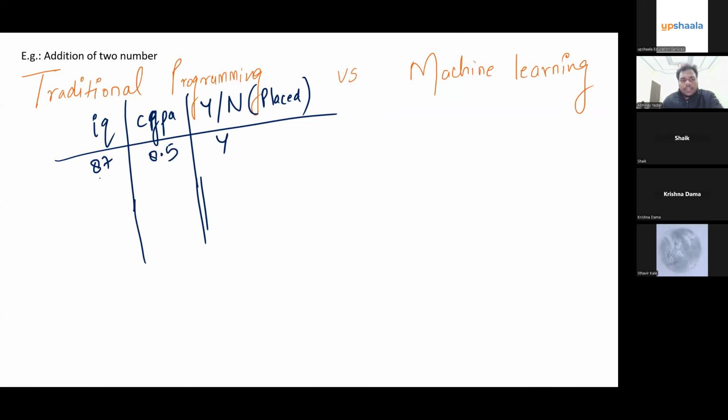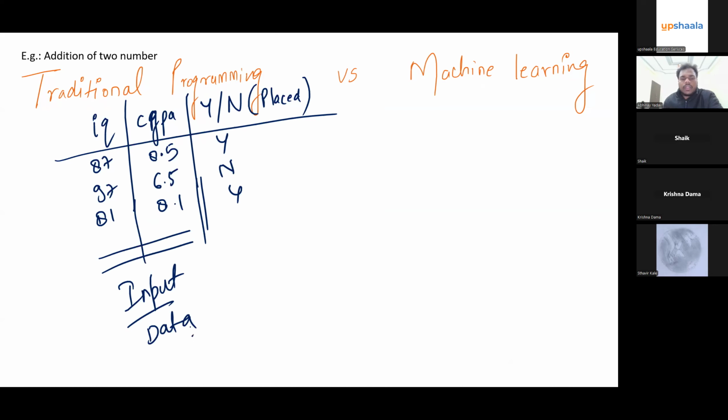Yes. The IQ is 97, CGPA is 6.5, the student is not placed. Okay. IQ is around 81, CGPA 8.1, and the student is placed. So this will be your input, or you can say your data, and this will be your output.